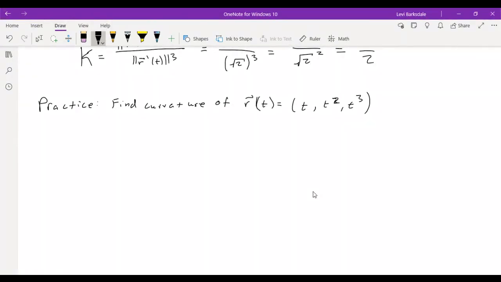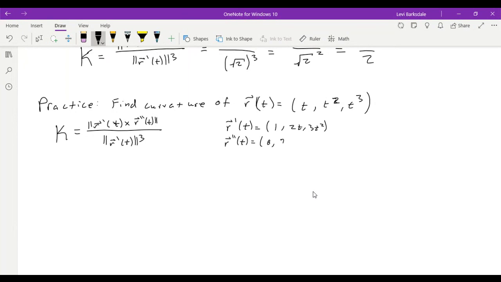Alright, let's go ahead and go over this practice problem. Remember, once again, our curvature is going to be the magnitude of the first derivative crossed with the second derivative all over the magnitude of the first derivative cubed. So in this case, our first derivative, r prime of t, is equal to 1, 2t, 3t squared. Our second derivative is equal to 0, 2, 6t.